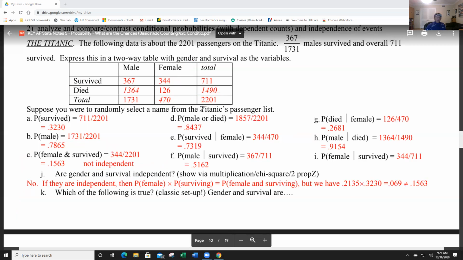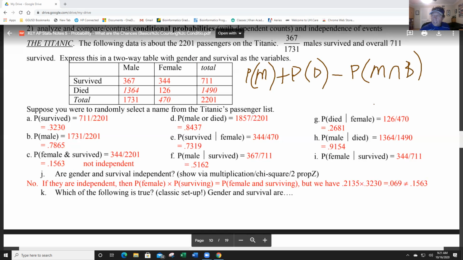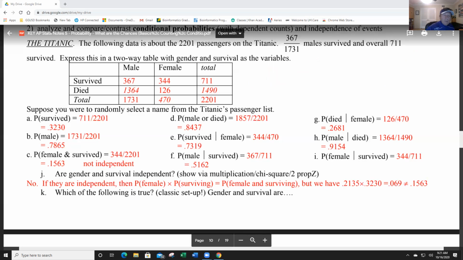Okay, now, male or died. Remember, or means to add, but be careful of the overlap. So here we go again. Probability of male plus the probability of dying minus the intersection of male and dying. Remember this, dying, that's a D. This means intersection, the upside down U, okay? So graphically, probability of being male, probability of dying.